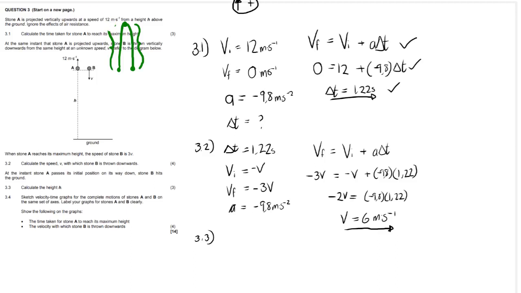That is very, very helpful. Because if it took stone A 1,22 seconds to reach the top, it would also take 1,22 seconds to come back down.